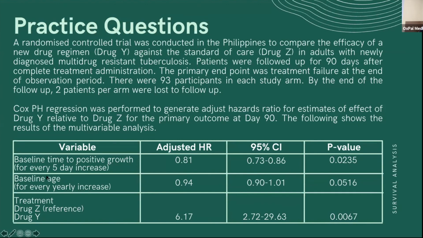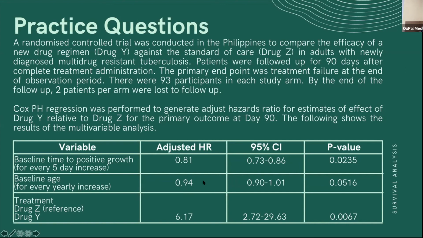These are adjusted for the other variables. That's also similar for age, but in this case, it crossed 1 and the p-value is not less than 0.05. So baseline age for every yearly increase is not statistically significantly associated with the outcome, primary treatment failure at the end of the observation period, even if the adjusted hazard ratio is 0.94.